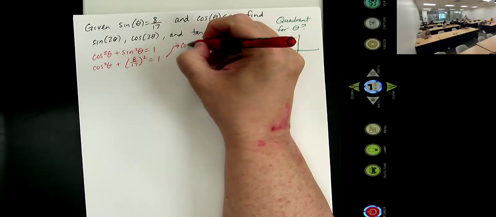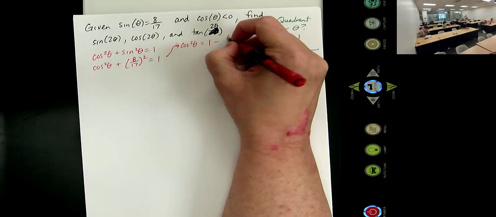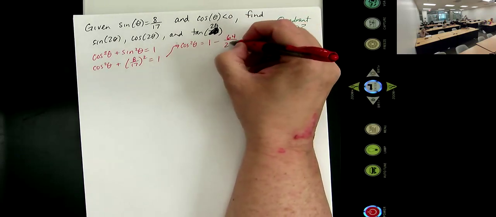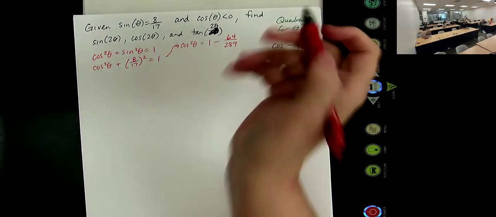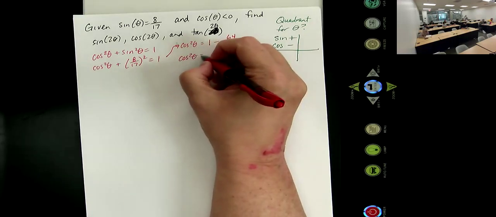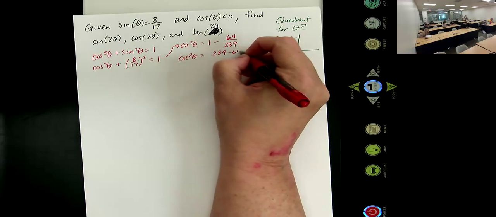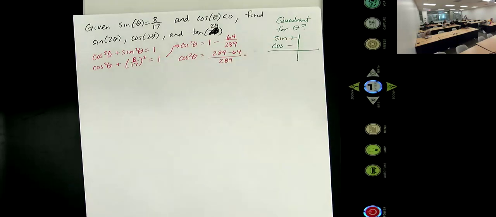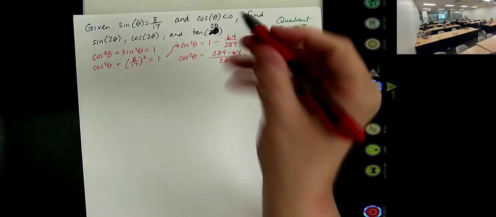So cosine squared theta equals 1 minus 64/289, since 17 squared is 289. We'll get a common denominator, and that is 225/289.